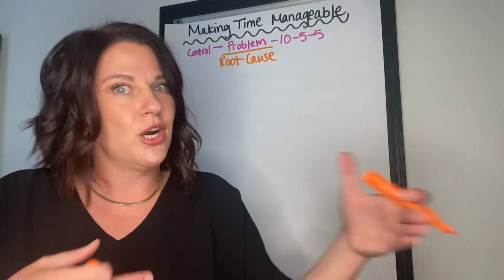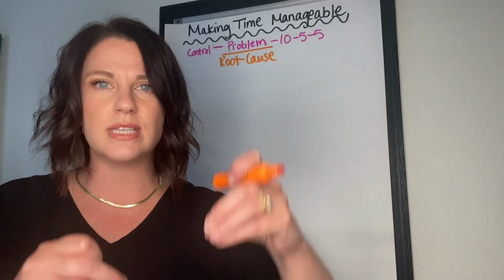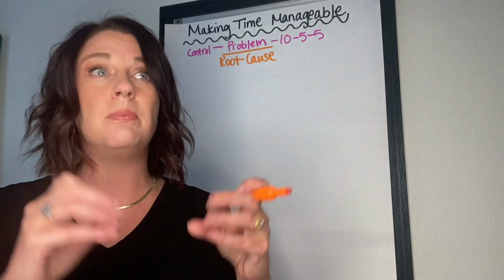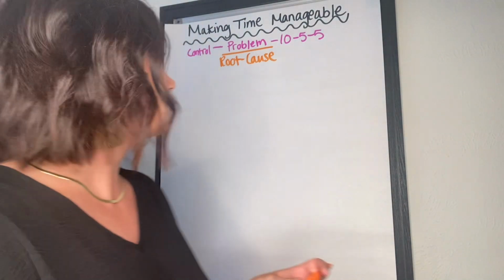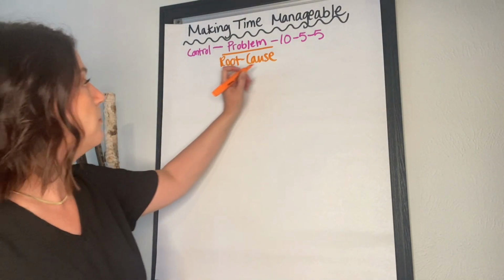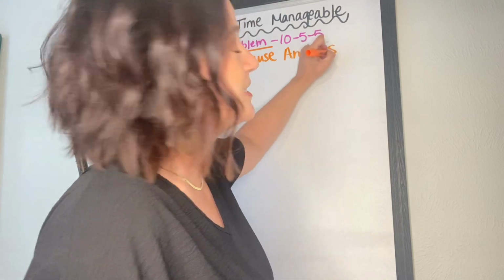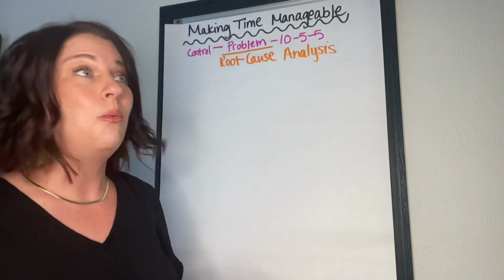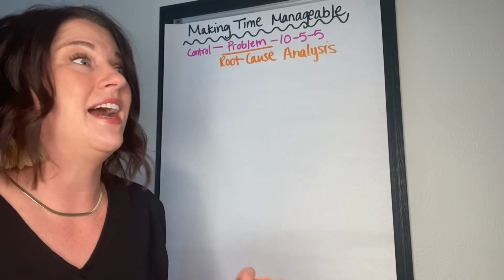Maybe get a thought partner to help you determine the root cause. It's always good to have the people on the outside looking in. It's great to have their perspective. So we are going to do a root cause analysis, and really all I do in this is I just ask why over and over. I go why, until I finally get to the bottom of it.